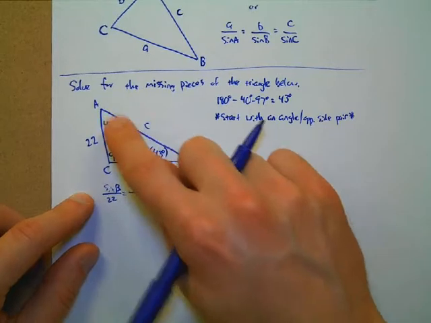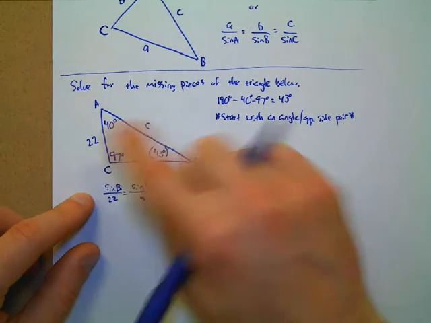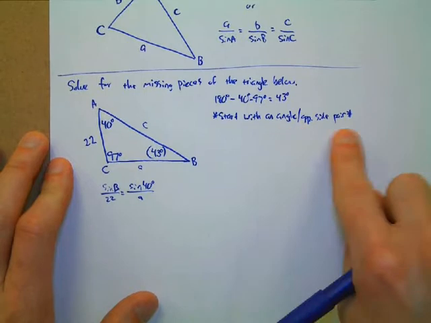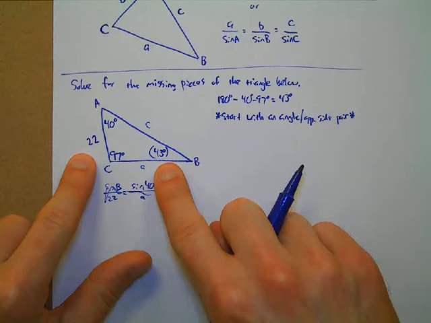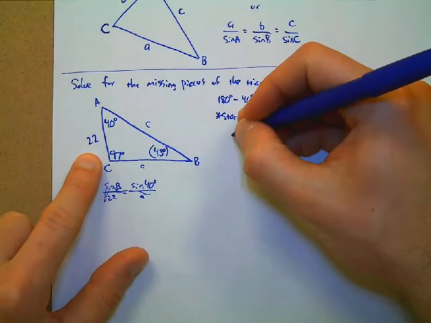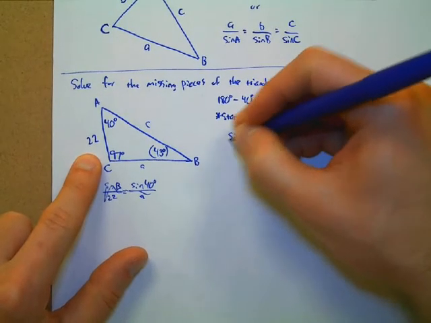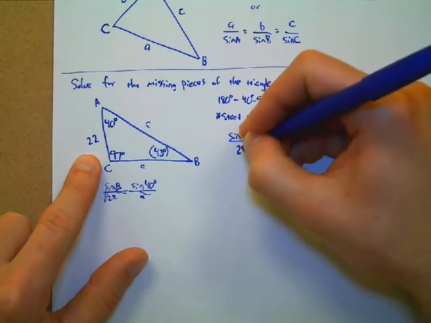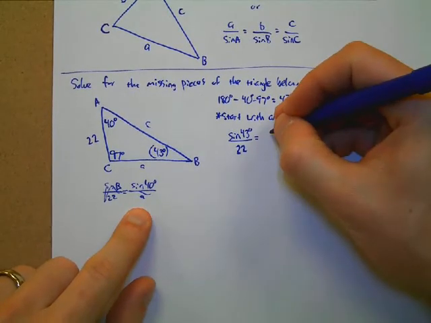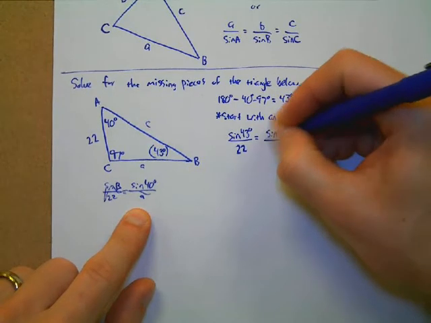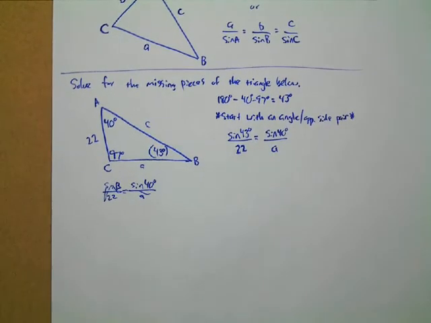So in this case, we do know now that b is 43 and that the opposite side is 22. So we can say sine of 43 degrees over 22 is equal to, and let's go to side A and solve for that, sine of 40 over A. All right, so now how should we go about solving this?